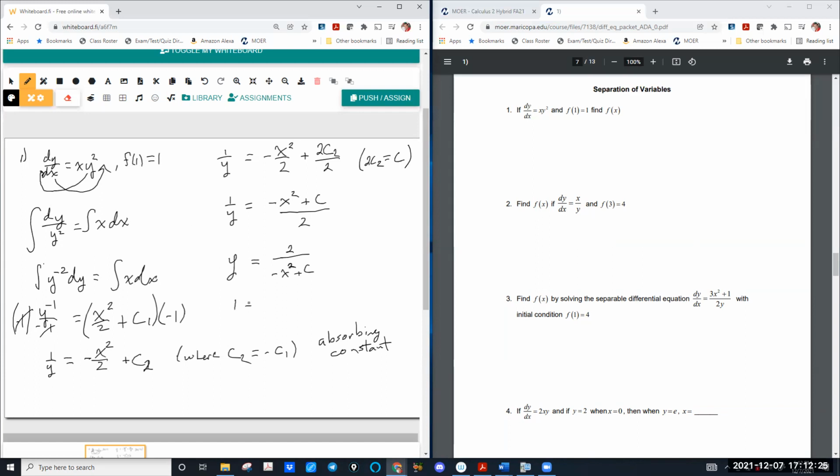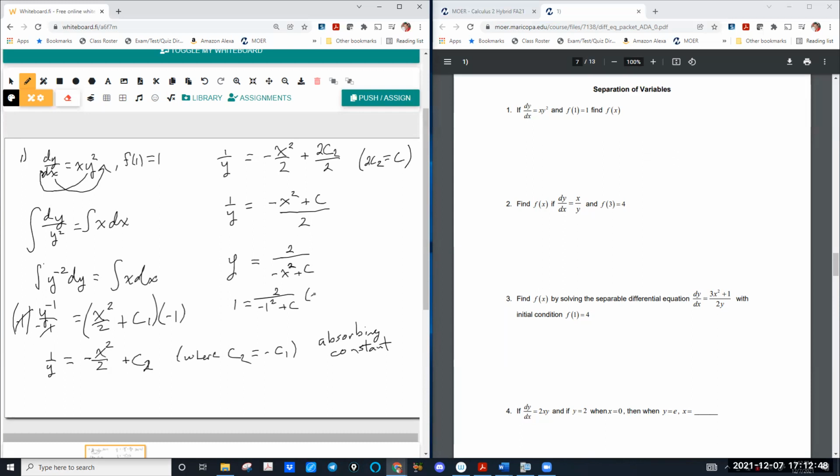So y has to be 1 when x is 1. So we have 2 over negative 1 squared plus c. The 1 gets squared first and then made negative. I'm going to get this term out of the denominator. So negative 1 squared is just negative 1.